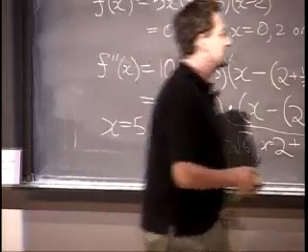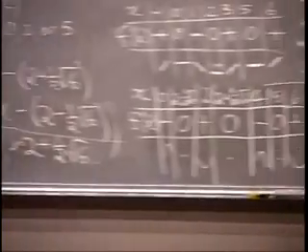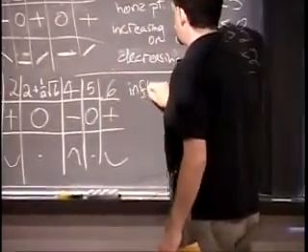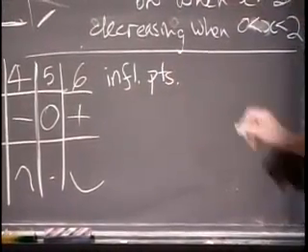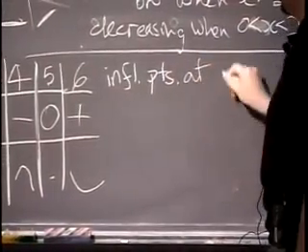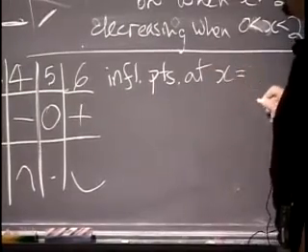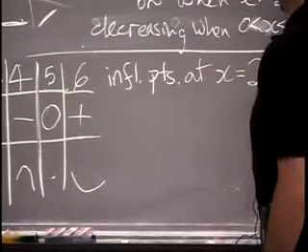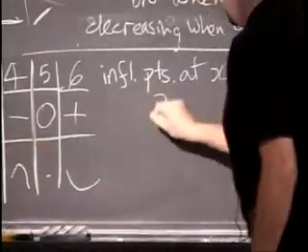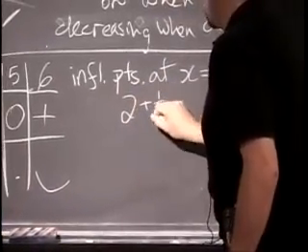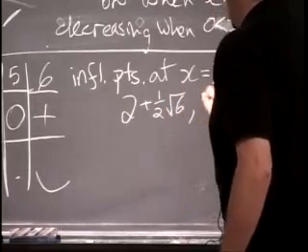So let's summarize. We have inflection points, which I will write as infleputs, but you understand, hopefully, that I mean inflection points. And we see that we have one at 2 minus a half root 6, 2 plus a half root 6, and 5.